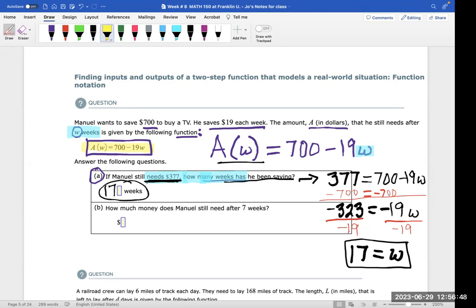Part B, how much money does he need after 7 weeks? So what part B is telling us, if W is 7, find A of 7.